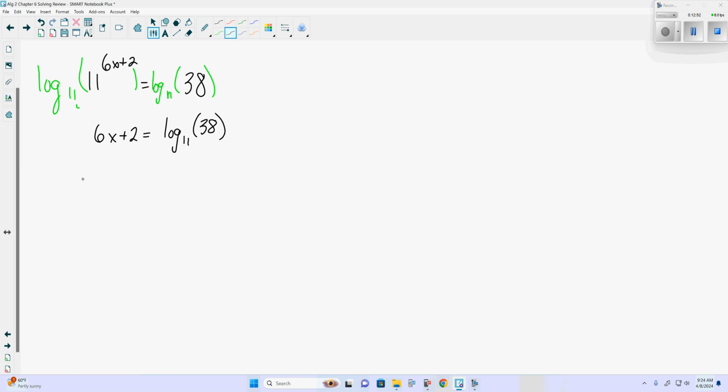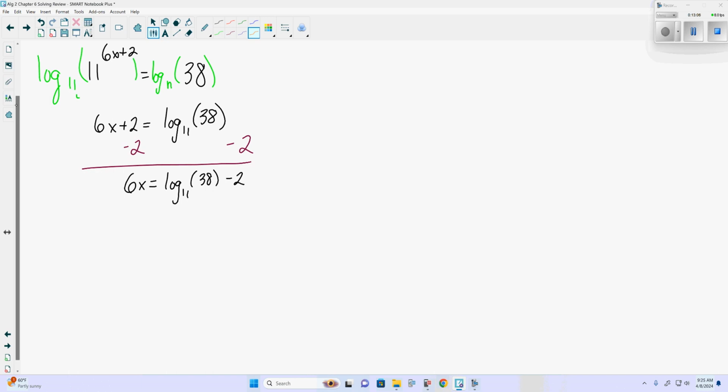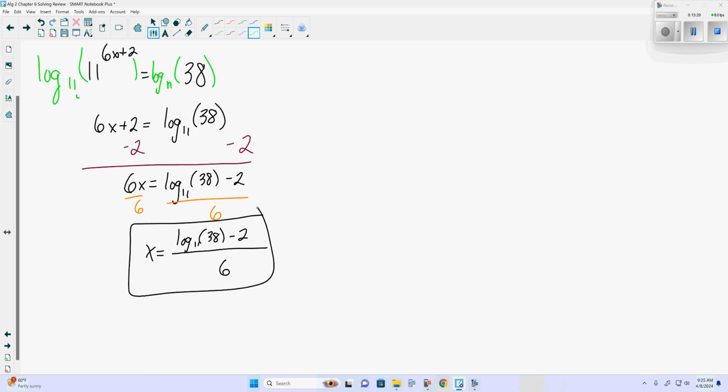Next thing we can do is solve for x. So we would subtract 2, telling us 6x is equal to log base 11 of 38 minus 2. And lastly, we would divide by 6, telling us x is equal to log base 11 of 38 minus 2, all over 6.